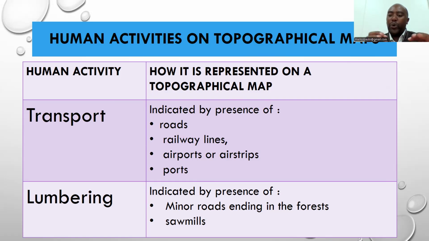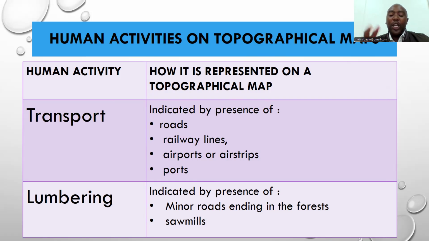So anytime on a topographical map you see roads, railway lines, airports, airstrips, or ports, it's showing that in that particular area there is a human activity of transport taking place.